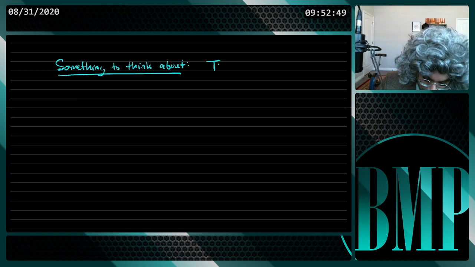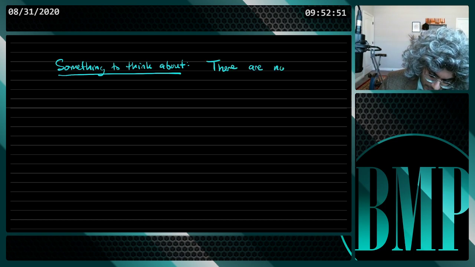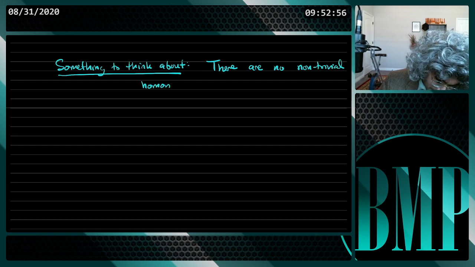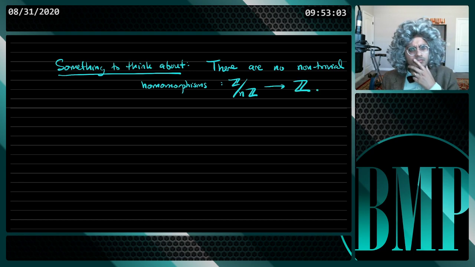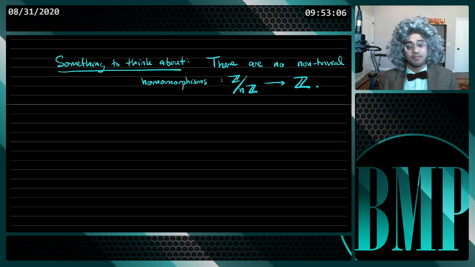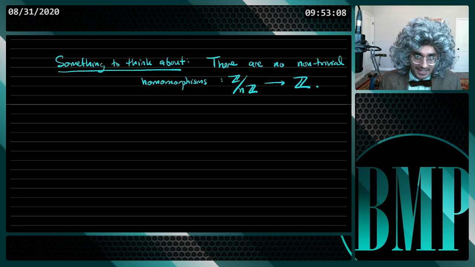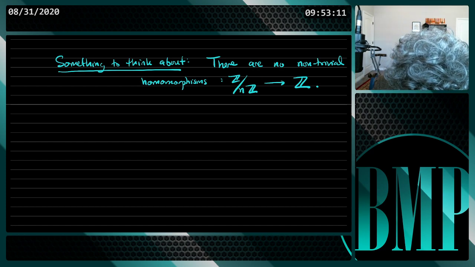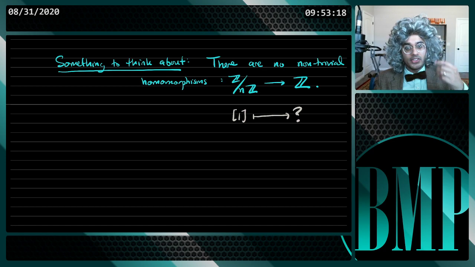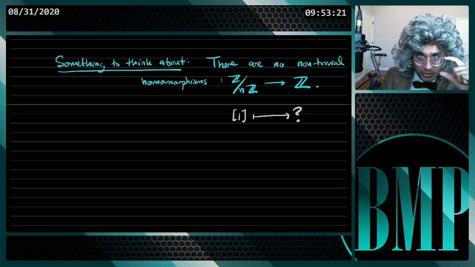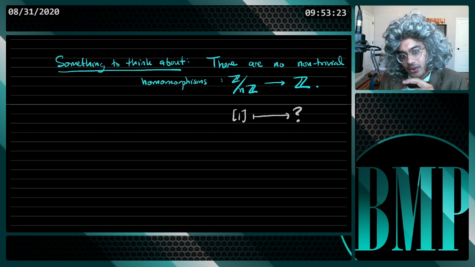There are no non-trivial homomorphisms from Z mod NZ to Z. The real question is, where can you send the generator, the element bracket 1 in Z mod NZ?